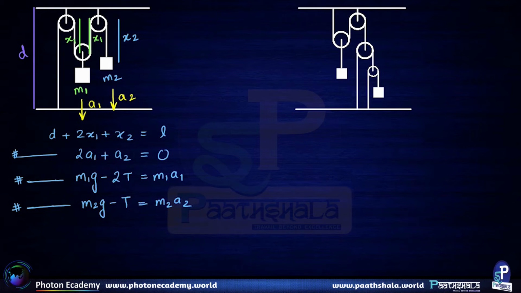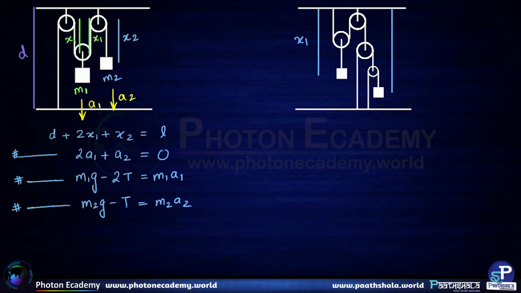Let us take the distance from the mass m1 to be x1 and the distance from the mass m2 to be x2. In such a question, we need to analyze how many moving parts are there. Here we can see that there are 3 moving pulleys, 1, 2 and 3. These 3 are the moving pulleys over here.